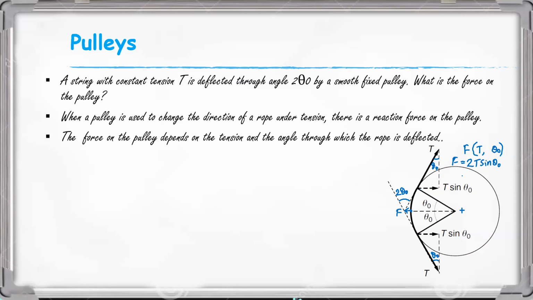It is almost known to us. Okay, but here we consider this as an example of contact forces. So we have to divide this string and the pulley into parts.